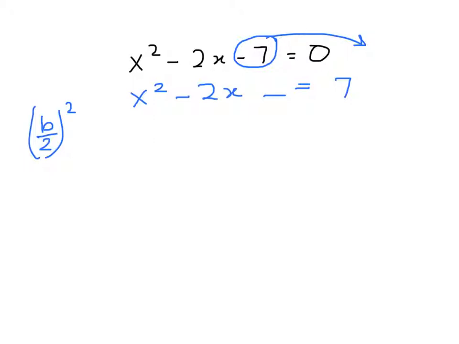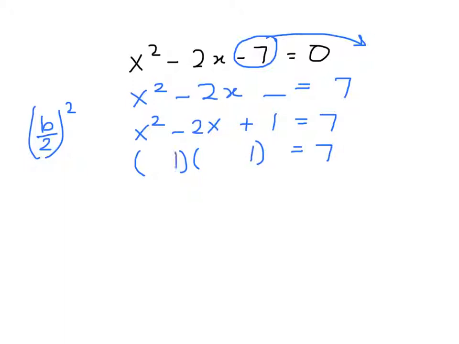So b is negative 2, x squared minus 2x. I'm going to have negative 2 divided by 2 would leave me with negative 1, squared is positive 1, equals 7. Now I should be able to factorise this side, equals 7.